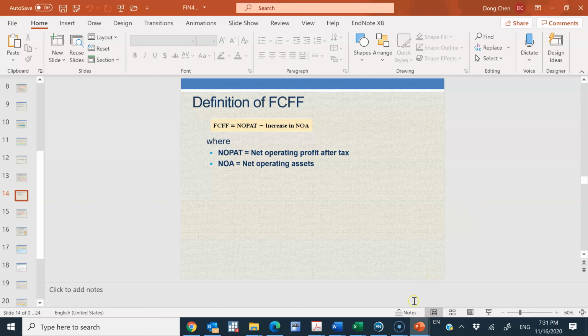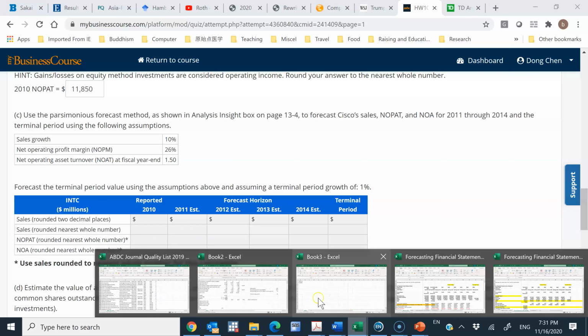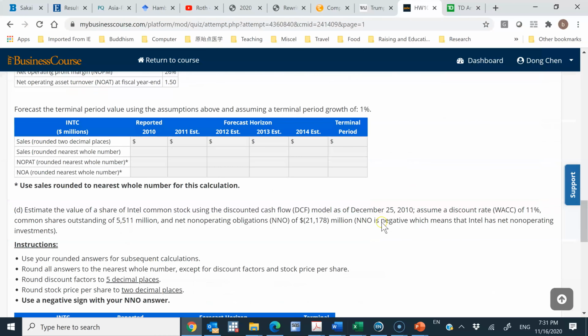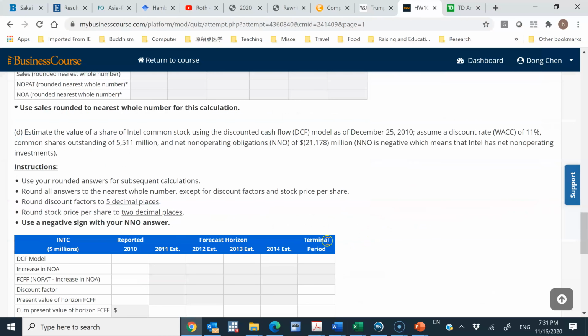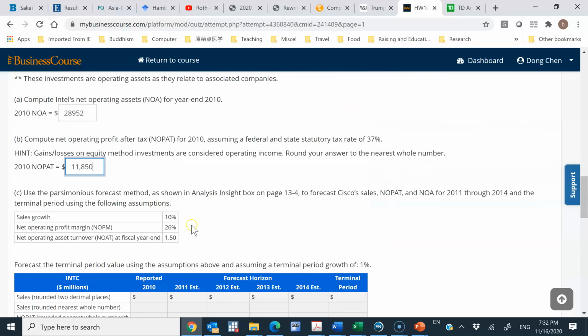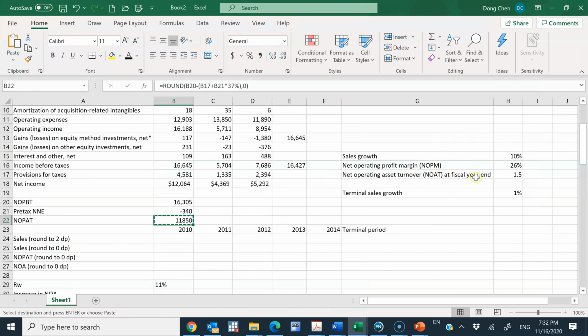That's why I also copied all this information, including the terminal sales growth, which is somewhere here. Yes, it's assuming that the terminal period growth rate is 1%, which is different from the 10% sales growth rate for the horizon period. And horizon period numbers are copied here.